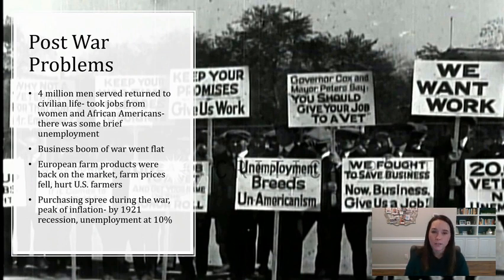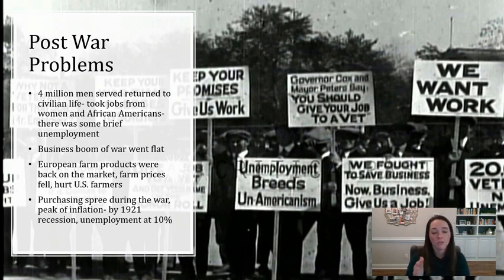There is going to be a brief recession. That's something that's kind of expected after a war. It's something that's always existed because you have that shift in factory production from wartime materials and that high demand to going back to consumer goods. So, brief recession. European farm products were back on the market.